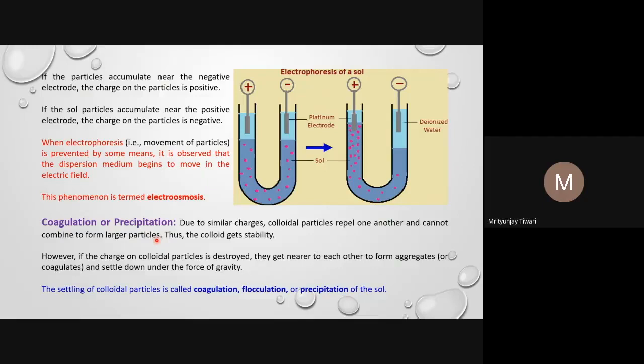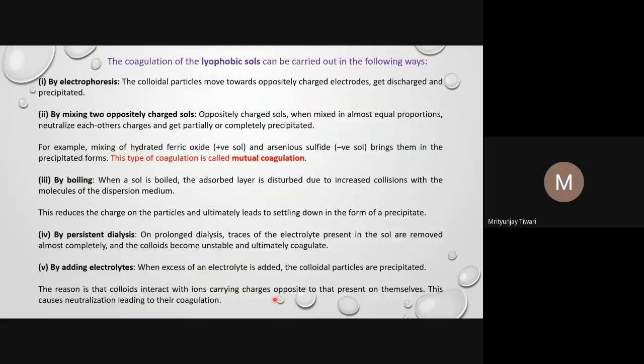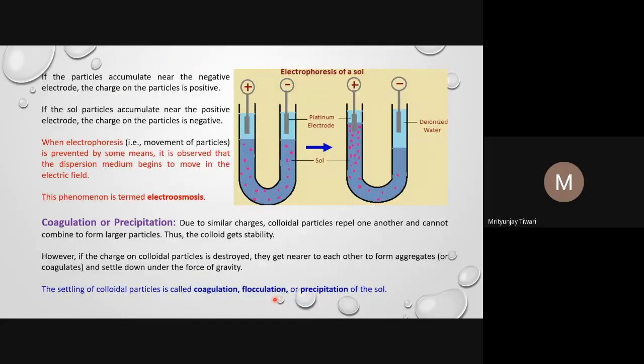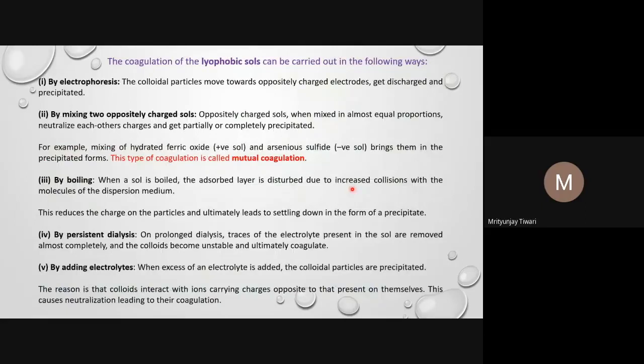And the settling down of the colloidal particles under the force of gravity, once their charge is removed, is called coagulation, flocculation, or precipitation. And this is the precipitation of sol as well, because what we are studying here is the sol only. The dispersed phase is in solid state and the dispersion medium is a liquid.